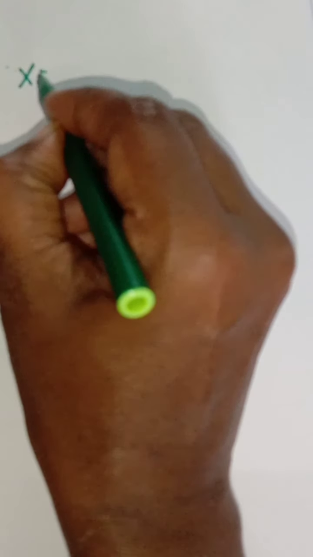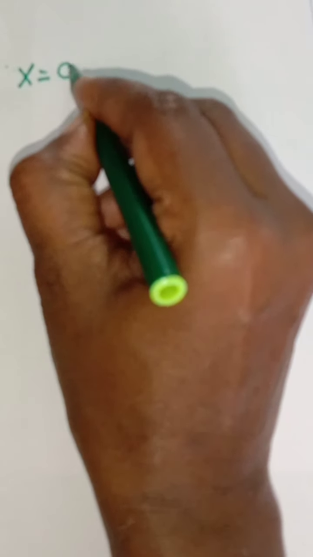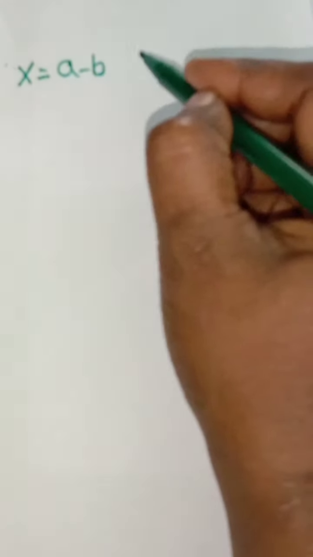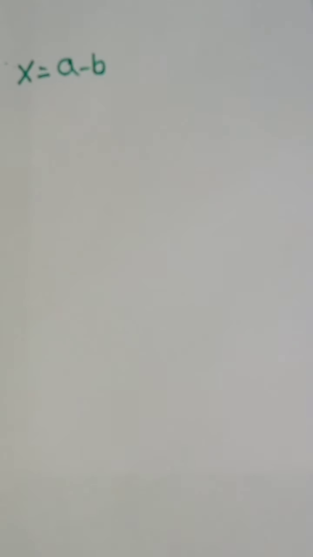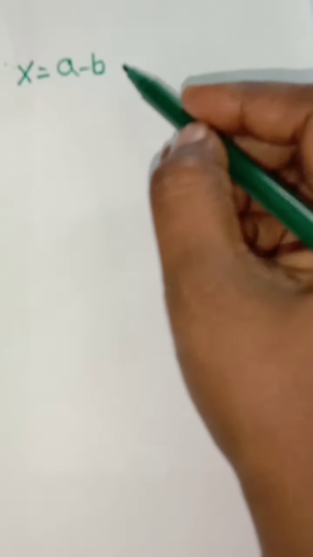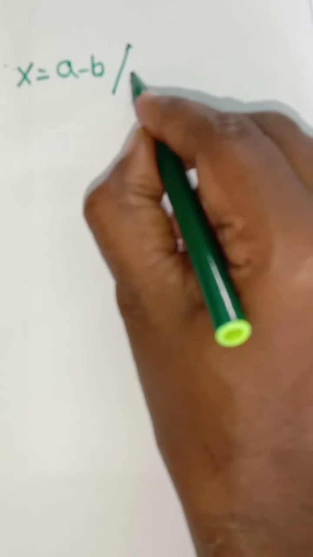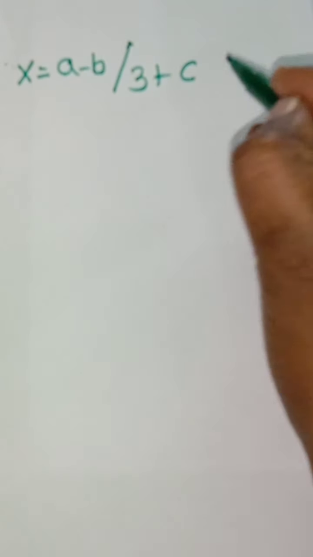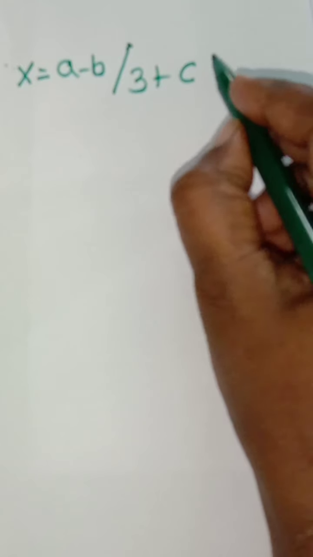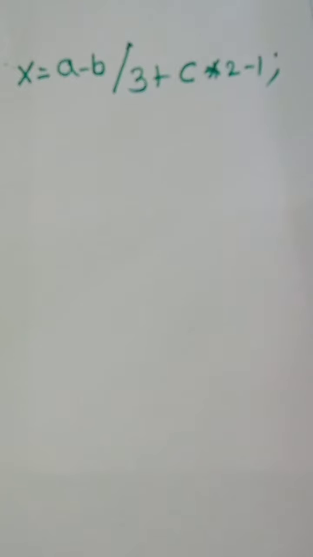I will show you one, and the second and third you calculate yourself. What is the expression? a minus b divided by 3 plus c into 2 minus 1.